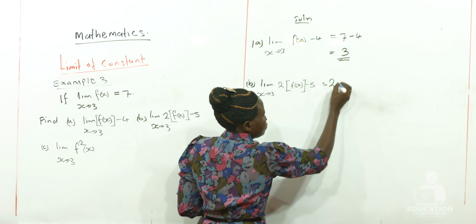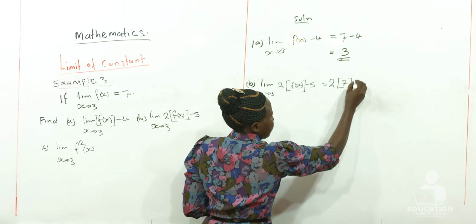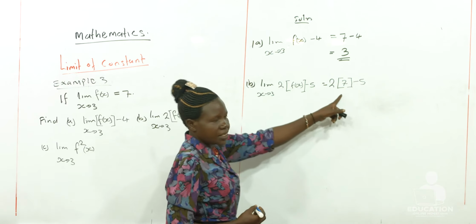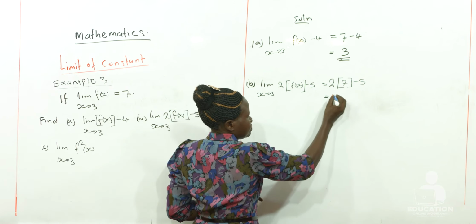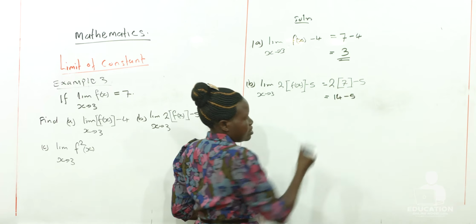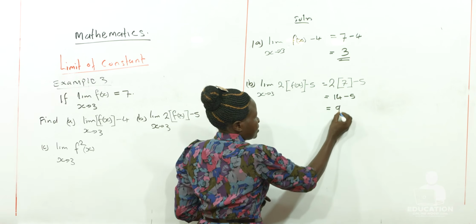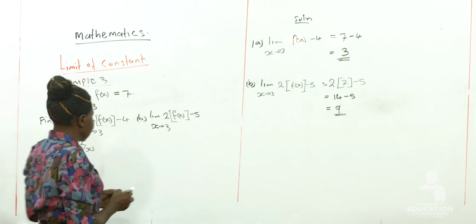So you will have 2 times 7, close the bracket, minus 5. When we open the bracket here, we get 2 times 7, we get 14. Then 14 minus 5, we get 9. So our answer is 9. So that is how you simply answer that question.